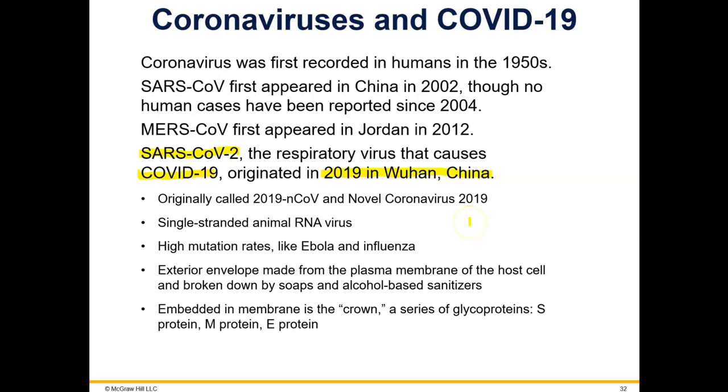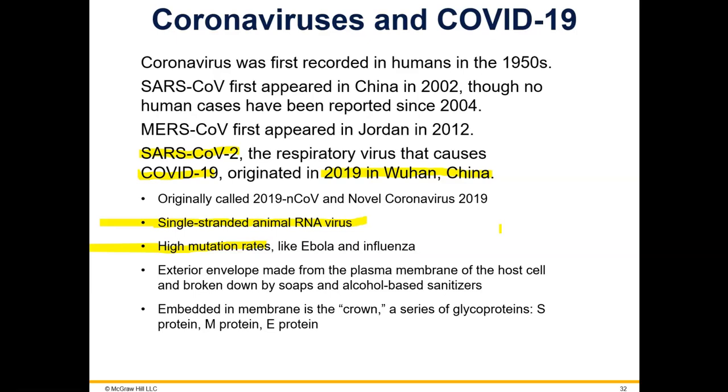And it is a single-stranded RNA virus with high mutation rates. And it does have an envelope, which you can break down with soap and alcohol-based sanitizers. We were all educated on this during the shelter-in-place phase.